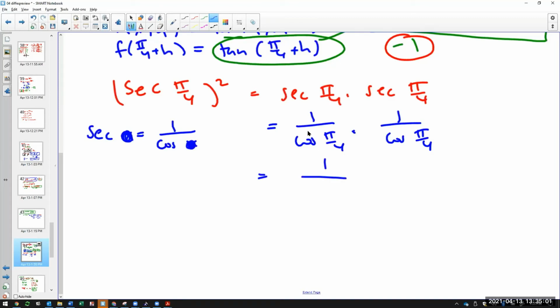What's the cosine of pi over 4 on your unit circle? Okay, square root of 2 over 2 times 1 over square root of 2 over 2. 1 times 1 is just 1. Square root of 2 over square root of 2, or square root of 2 over 2 divided by square root of 2 over 2. Isn't that square root of 4 over 4? Well, isn't that really 2 over 4, right?